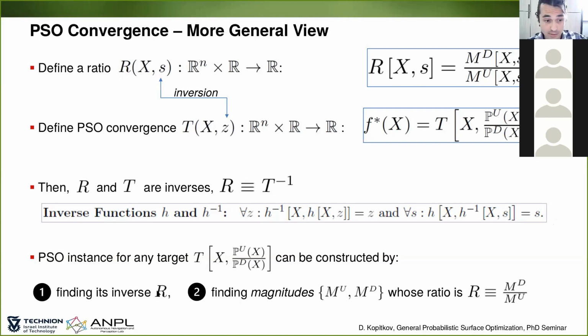This allows us now to create a PSO instance, a PSO estimator, to approximate any T as follows. Consider a target function that you would like to approximate, expressed by some function T. First, let's find its inverse with respect to the second argument and call it R. And second, let's find two magnitudes mu and md whose ratio is this R.